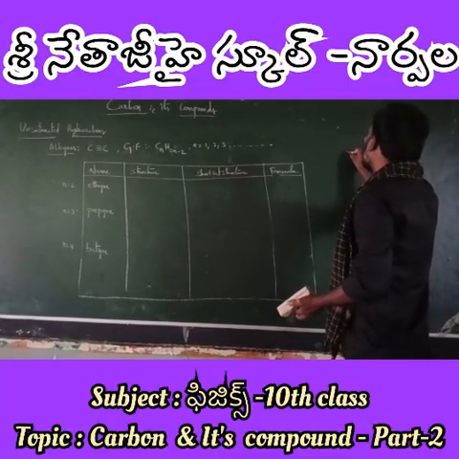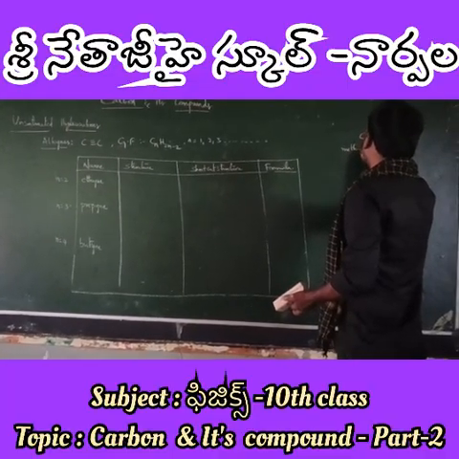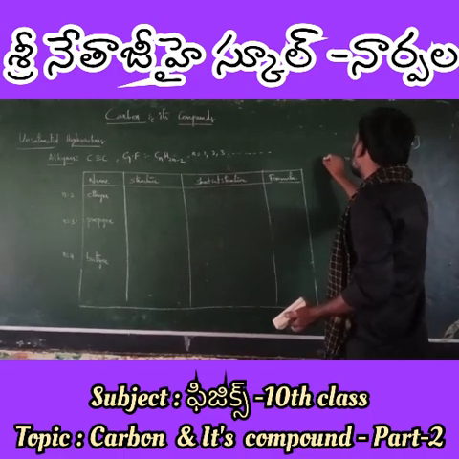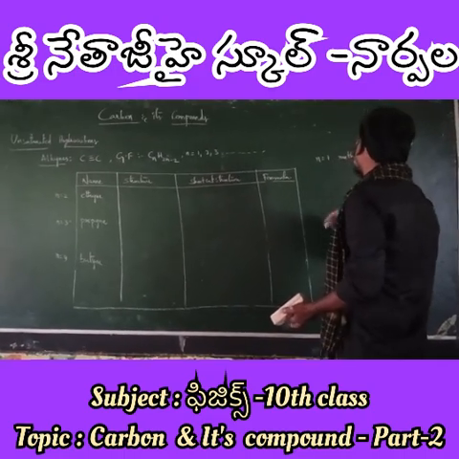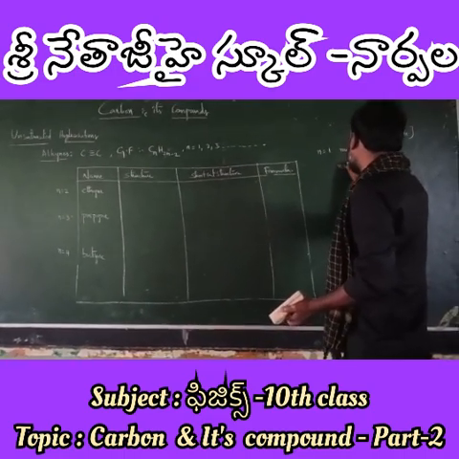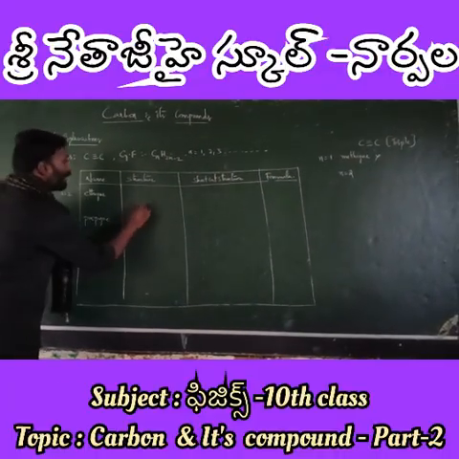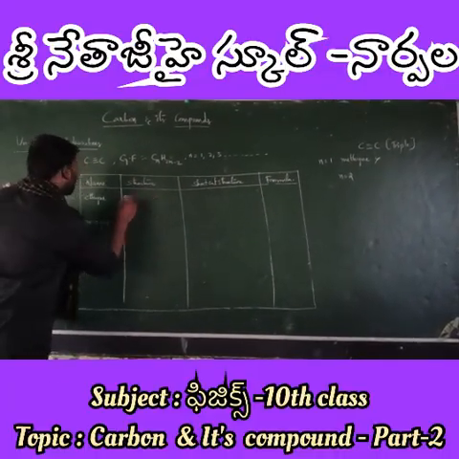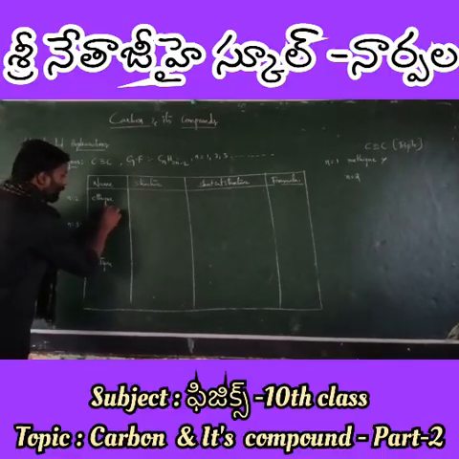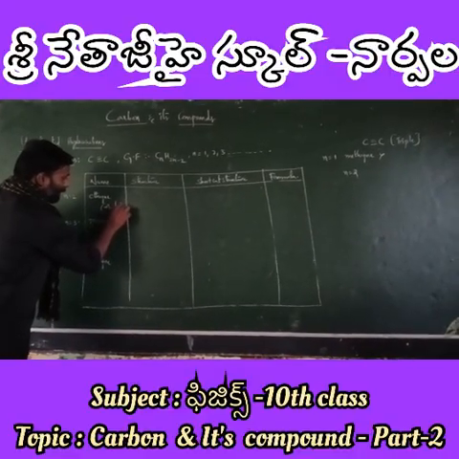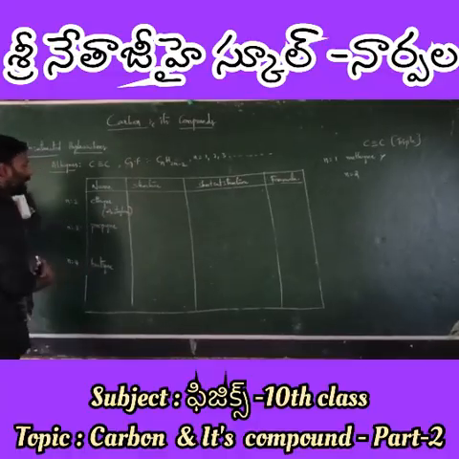Here methane is not possible. When n is equal to 1, methane is not possible. So we will start from n is equal to 2. That is ethyne. Ethyne is otherwise called acetylene. The other name of ethyne is acetylene.